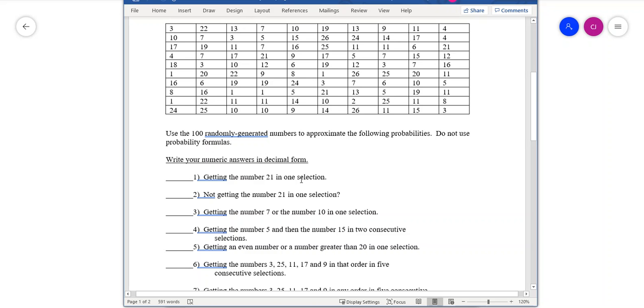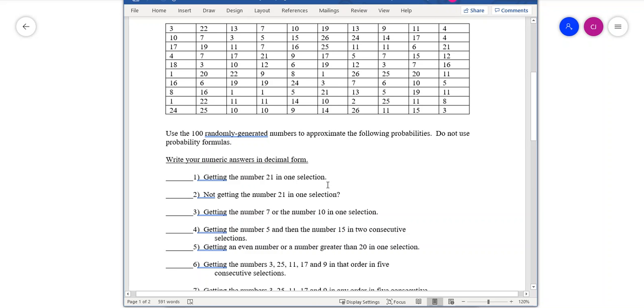So to find the probability of getting 21 in one selection, I would look at how often 21 occurred in this set of 100 numbers, and that would be my best guess at how it would look in the population.